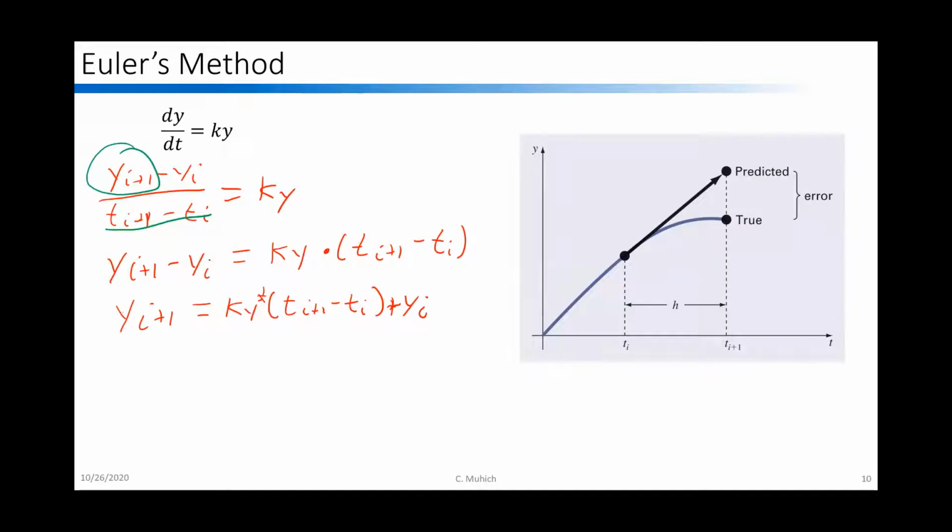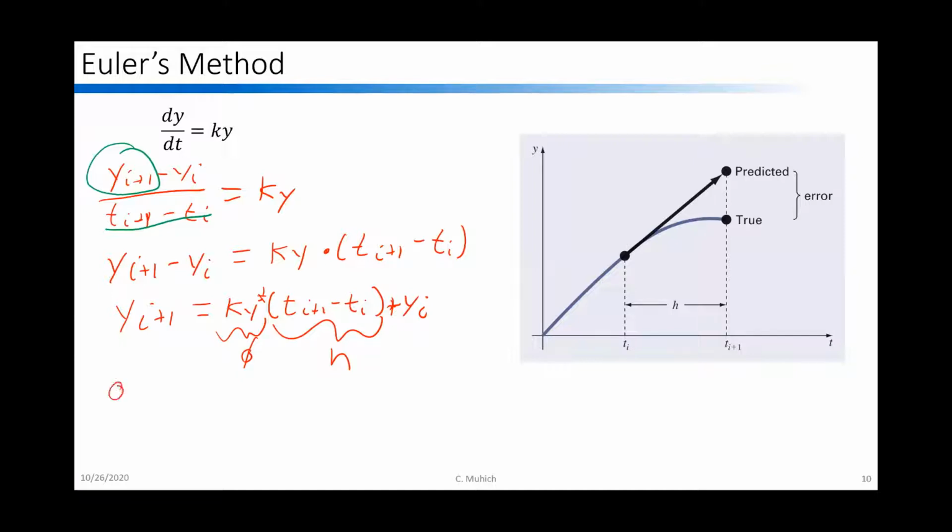So my next step is k y times t_{i+1} minus t_i plus y_i. So we can remember, in this form that we're looking for, we have this step that we can call h, and this is that phi that we were looking for.